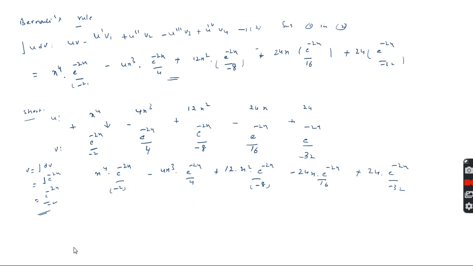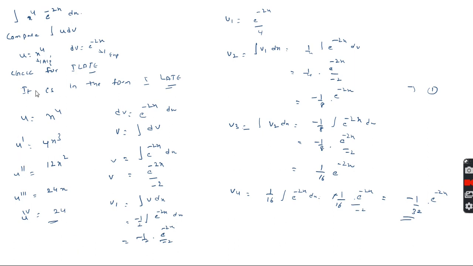Okay, so the main thing is, first, how to identify whether the problem is in the form of the Bernoulli rule or not. Both the functions u and v are functions of x, and the power of x is greater than 1. That means the degree of x is greater than 1. Then we apply the Bernoulli rule.